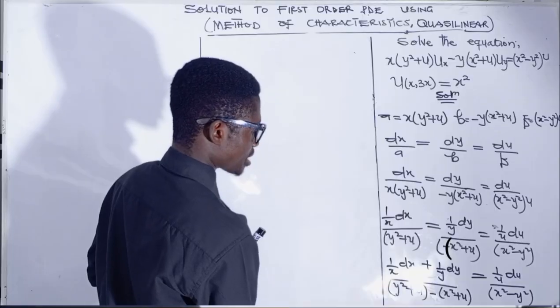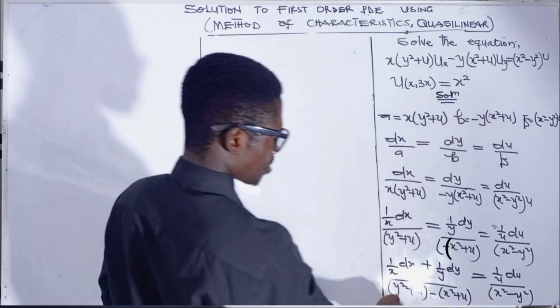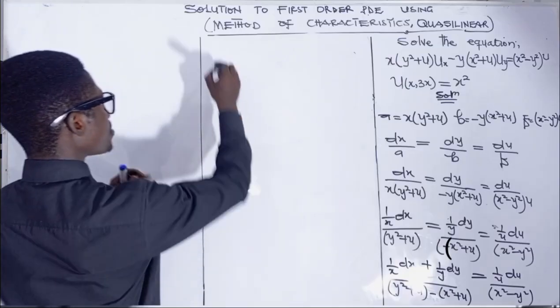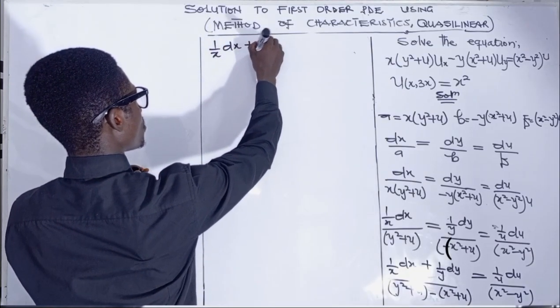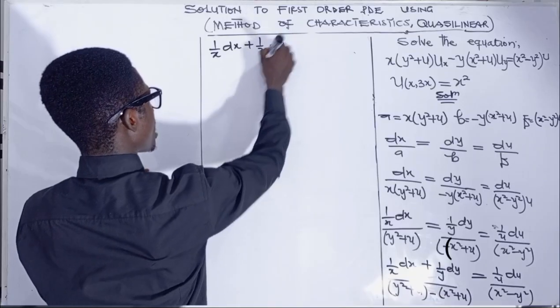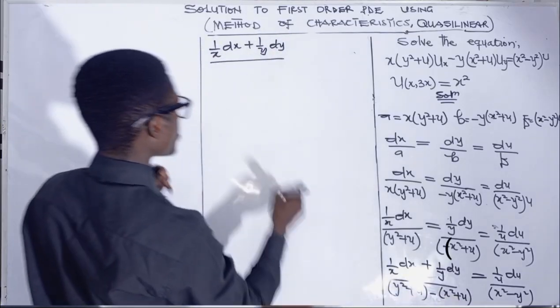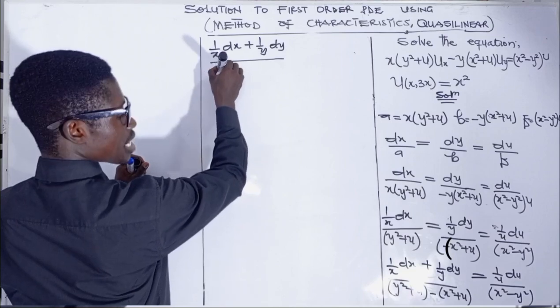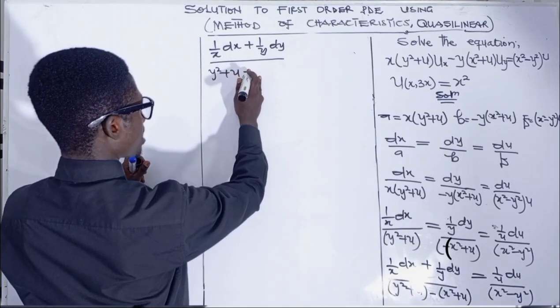So as I said, with quasilinear equations, your algebra should be very, very strong. So let's continue from here. We have 1 all over x dx plus 1 all over y dy all over. Now when we expand this bracket, we have y squared plus u. Let's remove the bracket, so we have minus.